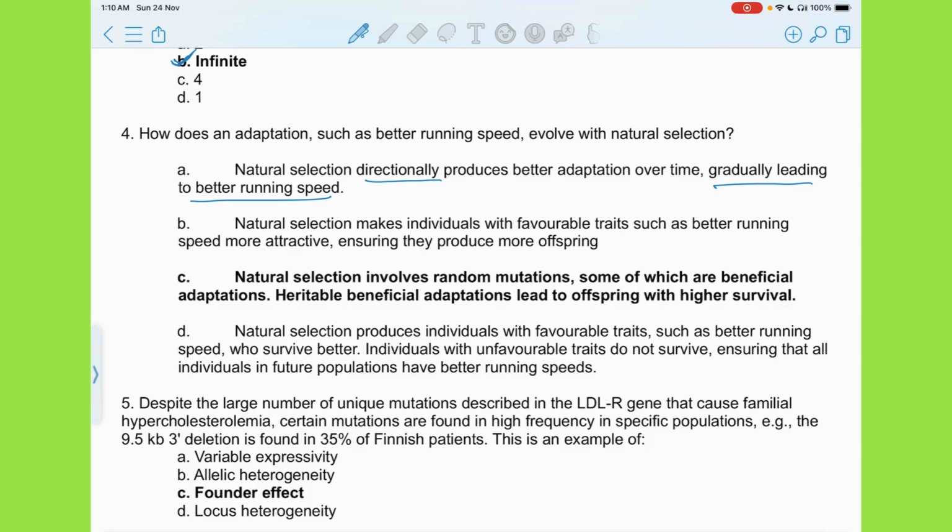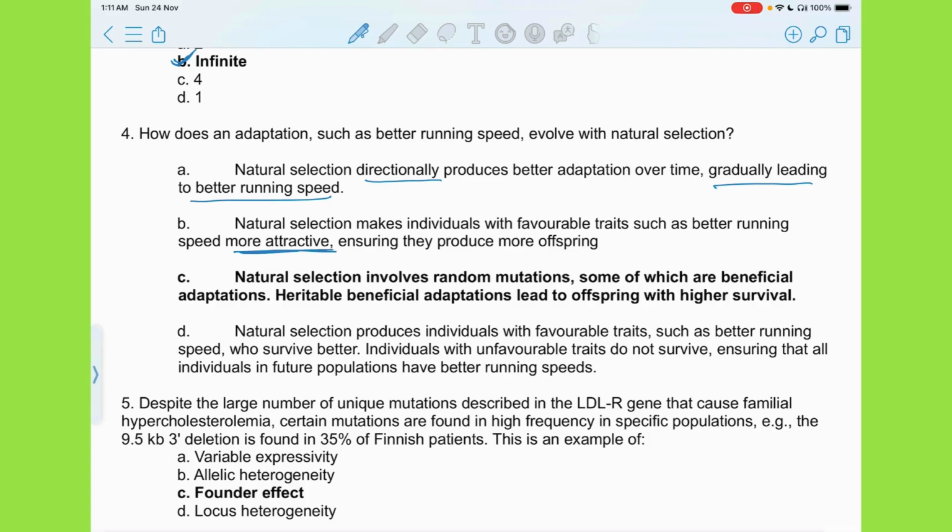The natural selection makes individuals with favorable traits such as better running speed more attractive, ensuring they produce more favorable offspring. No, it may be a characteristic for the survival of the better, but it's not the characteristic that defines natural selection. Natural selection involves random mutations, some of which are beneficial adaptations. Heritable beneficial adaptations lead to offspring with the highest survival.